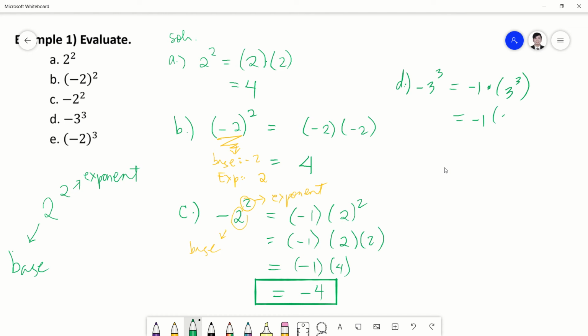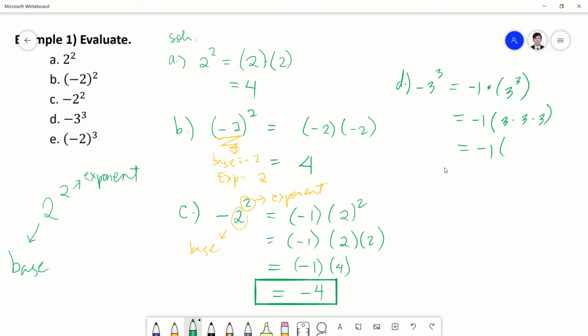So we are multiplying 3 three times. That means that we are trying to write 3 cubed as 3 times 3 times 3.